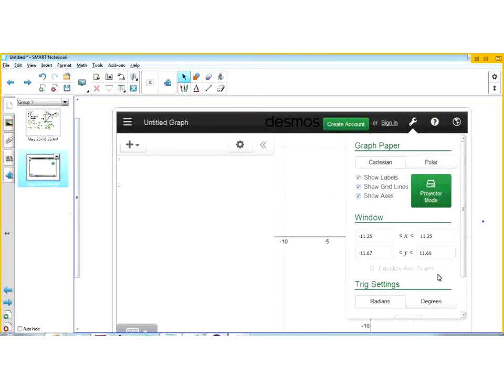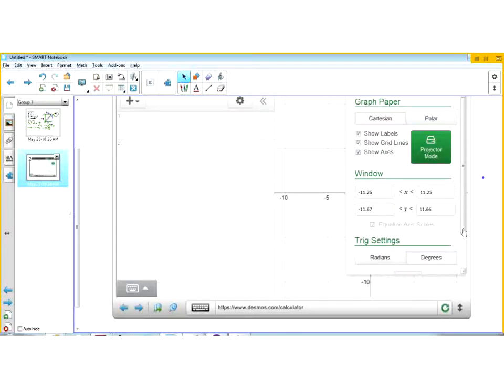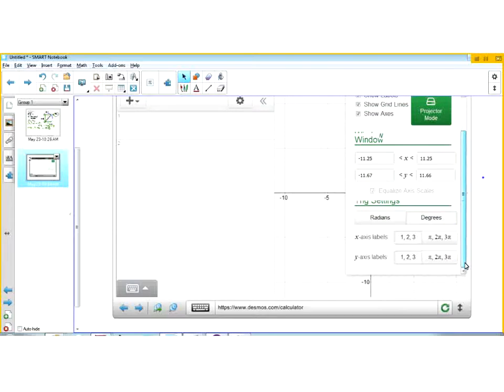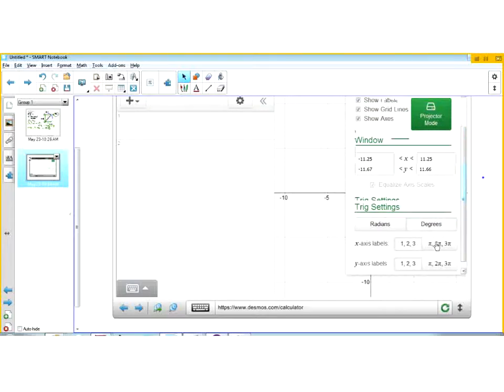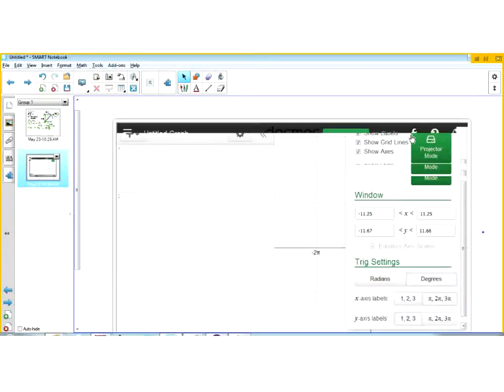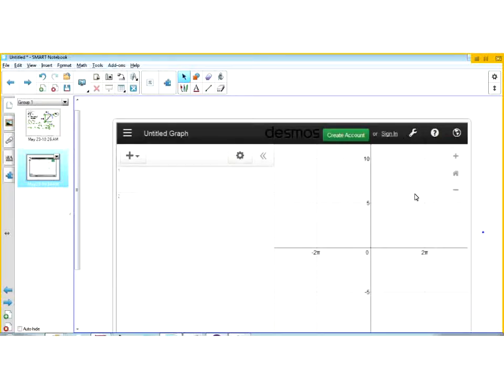And in the window, how about we portray the window in radians? And for the x-axis labels, we'll label the x-axis in terms of multiples of pi. So this will be a standard representation when we graph trigonometric functions, to represent the x-axis in terms of values of pi.